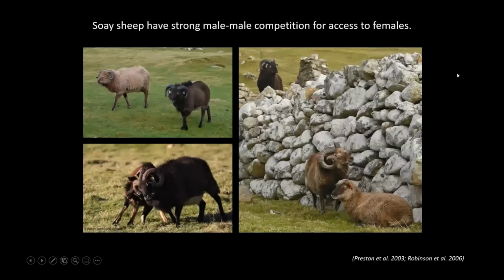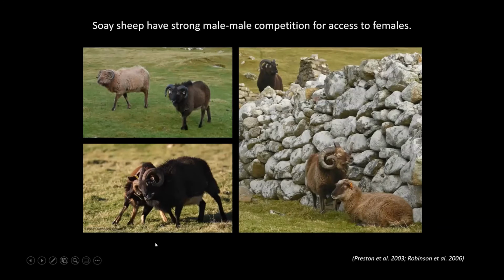Soay sheep actually have one of the most promiscuous mating systems of any mammal, and they have really strong intra-male competition for access to estrus females during the rut. They form a loose dominance hierarchy, but then when they find a female who's in estrus, males that are evenly matched will do things like this parallel walking, and then they'll usually come to blows and fight each other.